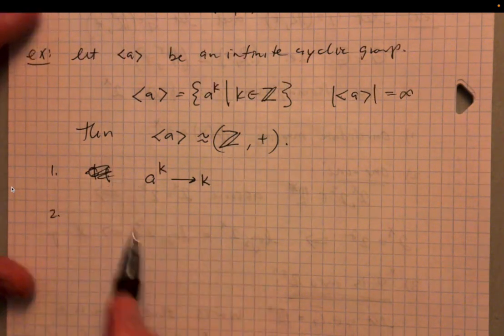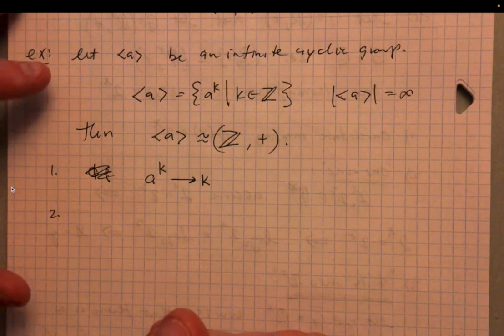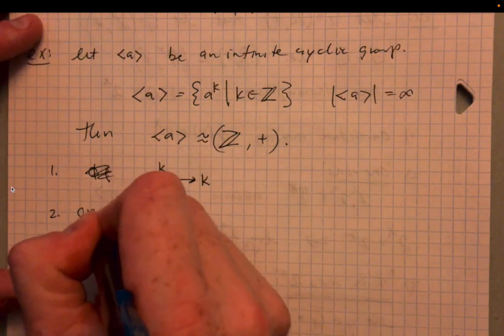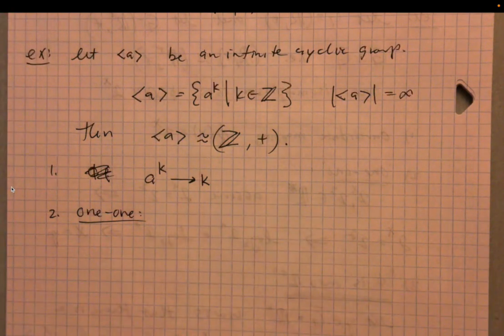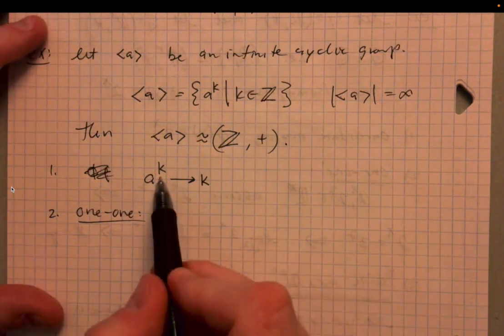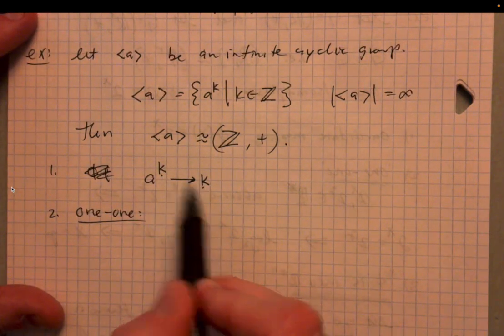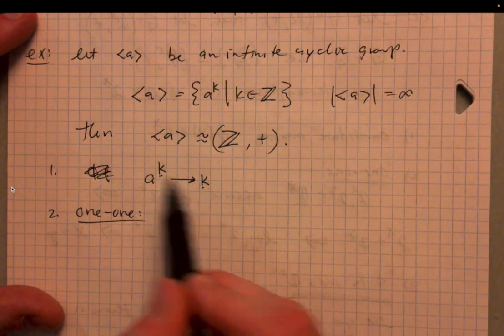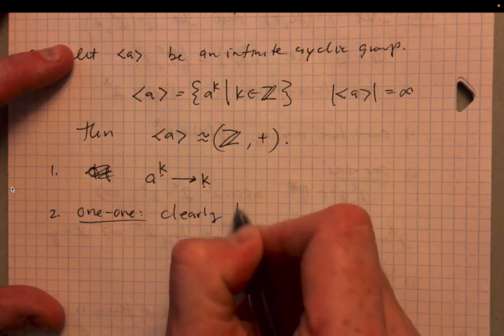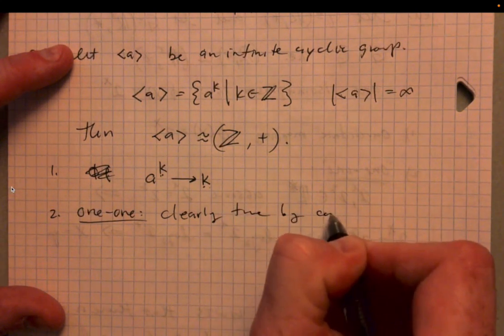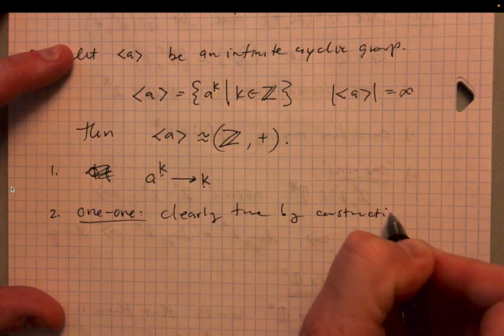Is this one-to-one? Clearly this is one-to-one. Every a to the k maps to only a single k in Z. If this is 10, it only maps to 10. It doesn't map to 10 and 11. This is clearly true by construction, just the way it's defined.